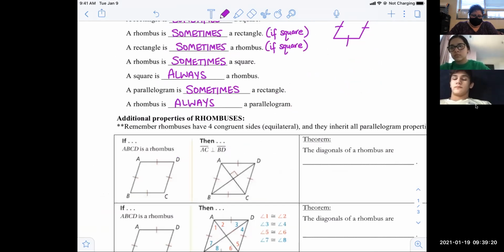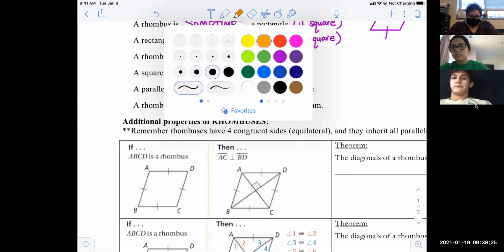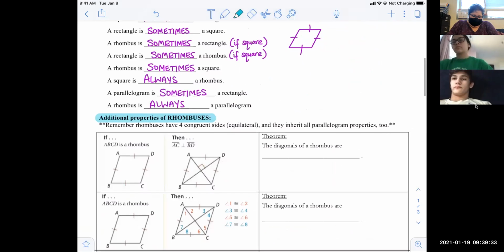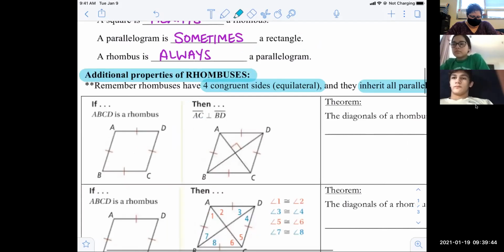Okay, some extra properties for rhombuses. So you already know they have four congruent sides, and you know that they're going to have all the parallelogram properties. Okay, things that they also have. What is that showing?